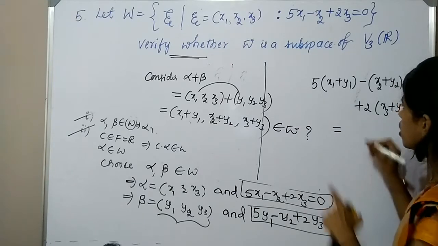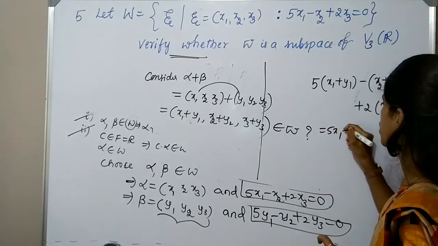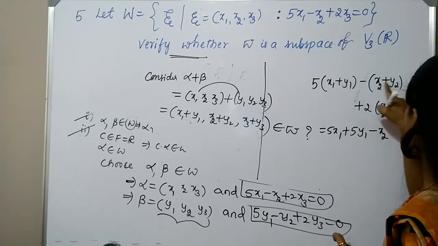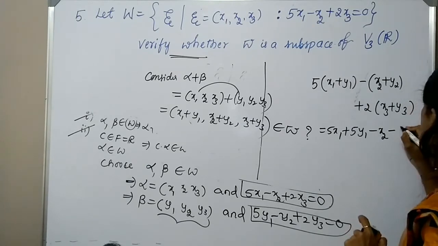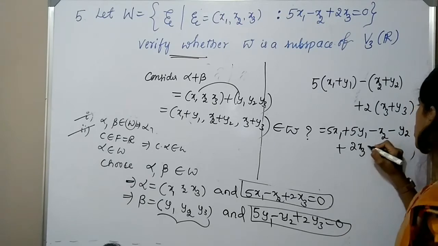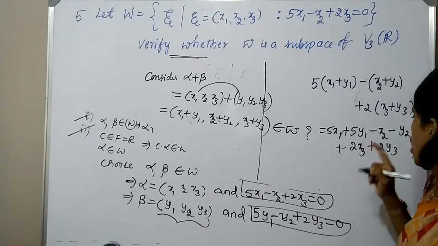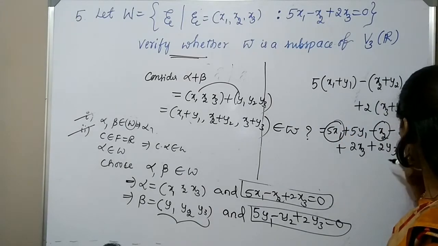Let us check. 5 into X1 is what? 5X1 plus 5Y1. Here minus X2, minus into plus, minus X2 minus Y2, plus 2 into X3, 2X3 plus 2Y3. So now I am taking the X1 terms to one side.